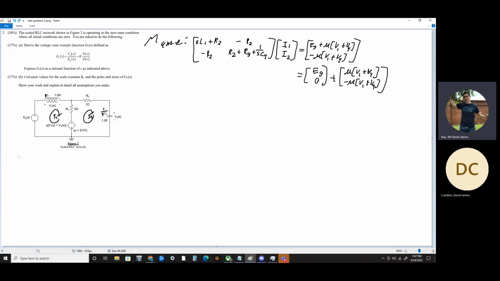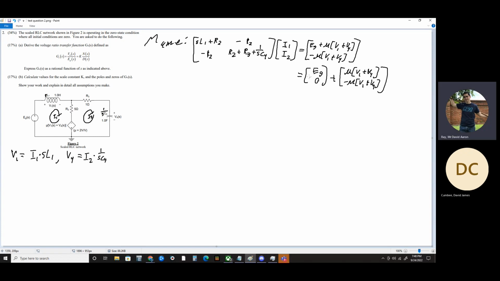We're going to use Ohm's law: V1 equals the current running across it, I1, multiplied by its impedance, SL1. And V4 is the current running across it, I2, multiplied by its impedance, 1 over SC4.